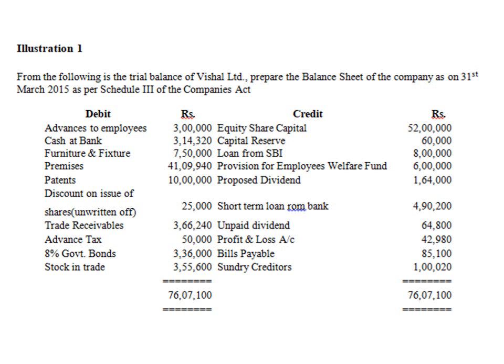Then comes patents. Patents is an intangible asset. Next we have discount on issue of shares unwritten off. This is an other current liability which appears on the equity and liability side of the balance sheet.